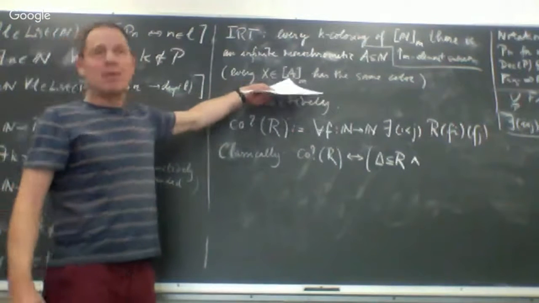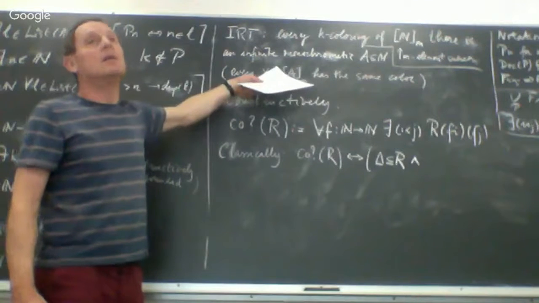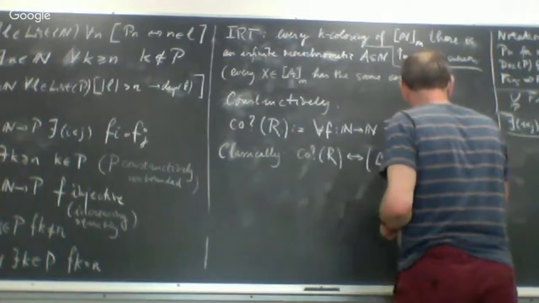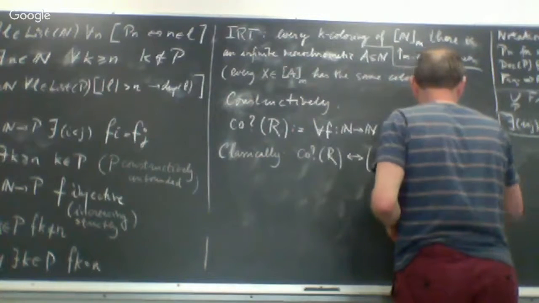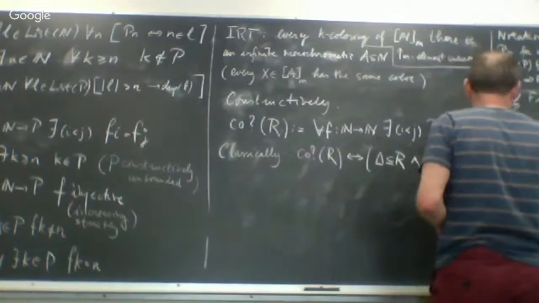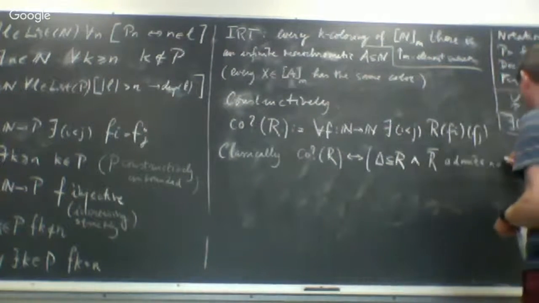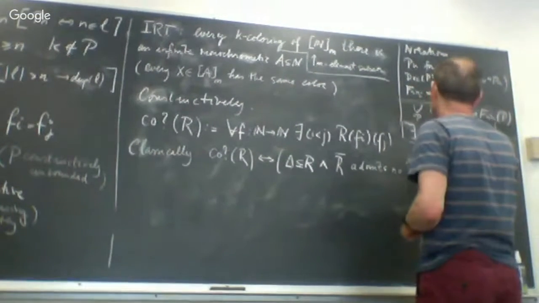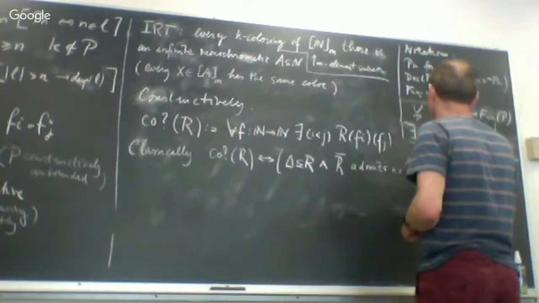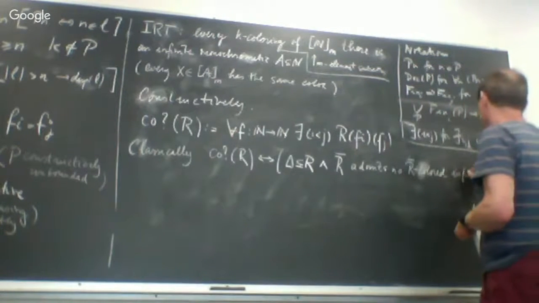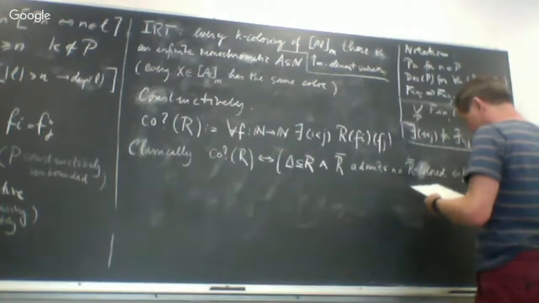such an A which has the same color. Let me make that precise. R bar admits no R-homogeneous, or R-colored, infinite set.